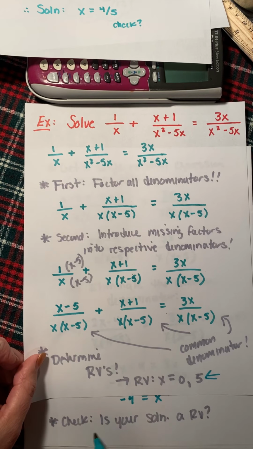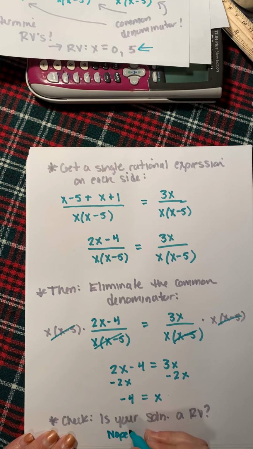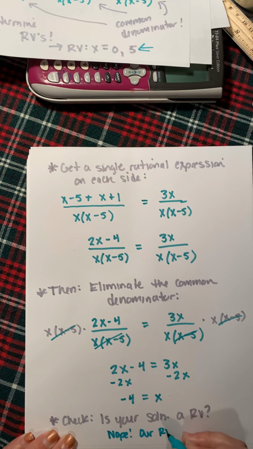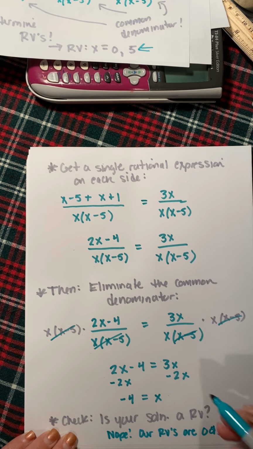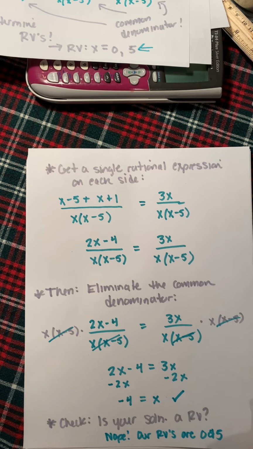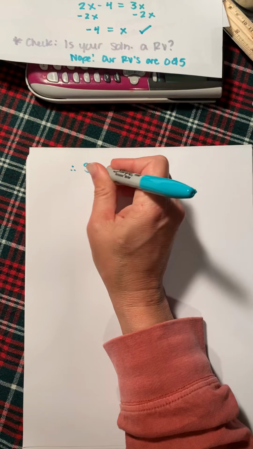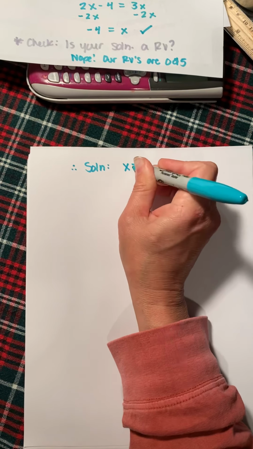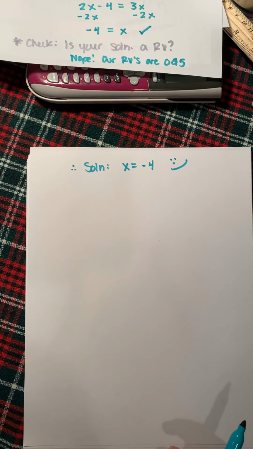All right, so is your solution a restricted value? Nope. Our restricted values are 0 and 5. So therefore, that is a solution to the original equation. So your solution is x equals negative 4. Woohoo! That was fun.